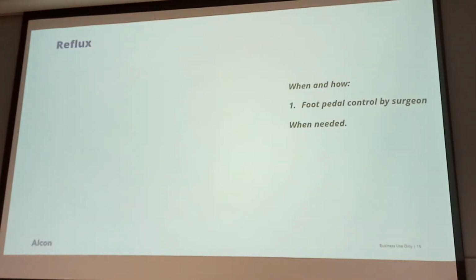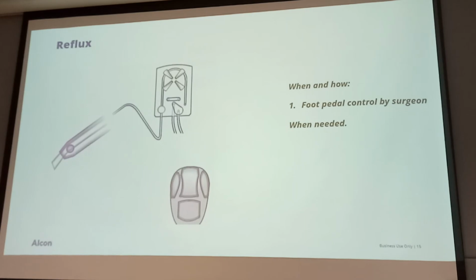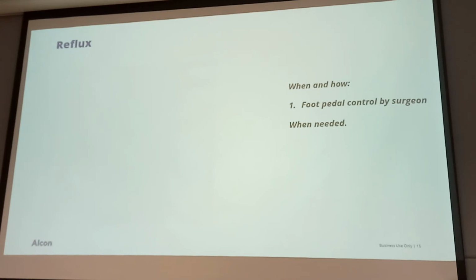Okay. And for reflux, most reflux is controlled by ourselves. If we aspirate something we do not want, for example the iris, we kick the reflux, then it comes out. We can set the reflux pressure by Phacodynamic control. So this is controlled by us, okay?